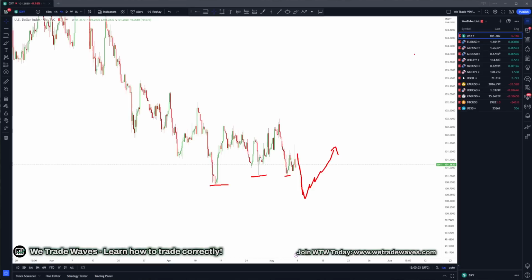Is that clear? Perfect. Now, yes, for the DXY, I'm expecting this one to break the low.